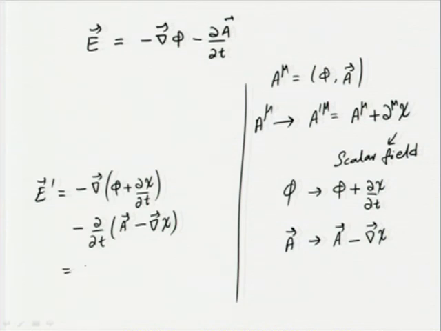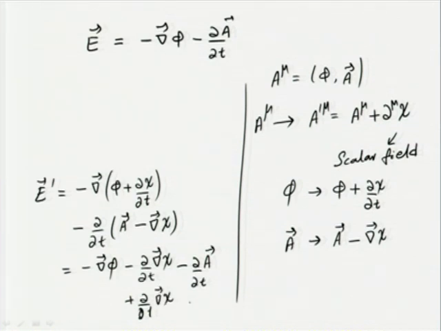This is equal to minus grad φ minus ∂/∂t of grad chi minus ∂/∂t of A plus ∂/∂t of grad chi, which is equal to the original E, because the second and the fourth terms are exactly the same, excepting that their signs are different.